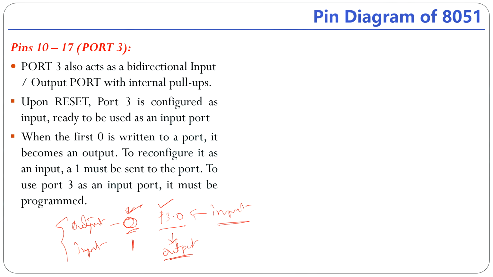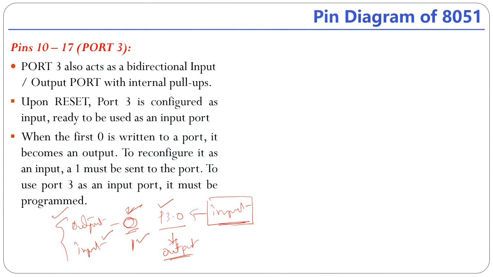So if you want to configure any port line as output, you need to write logic 0; to configure it as input, logic 1. But by default, every port line is acting as an input port only.